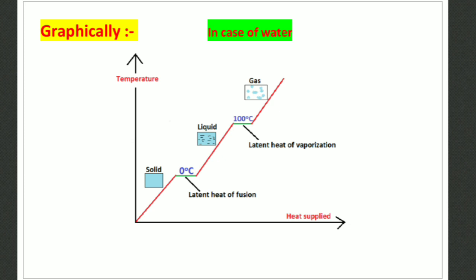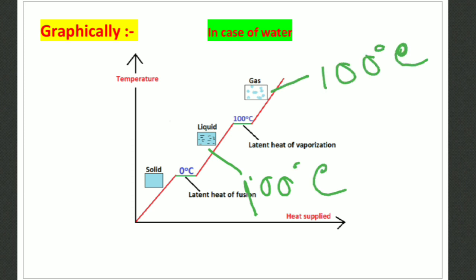So if someone asks you, liquid at 100 degrees Celsius and gas at 100 degrees Celsius, which one of them has more energy? The answer is the gaseous state, because of this hidden heat, the latent heat.